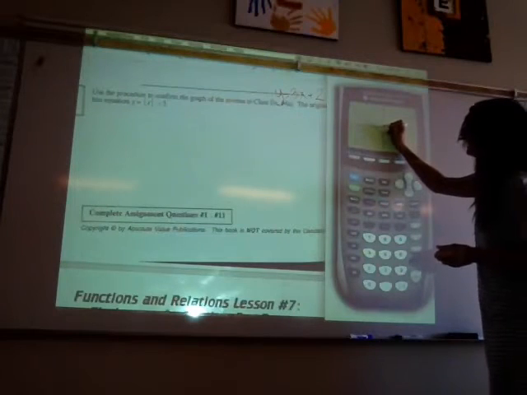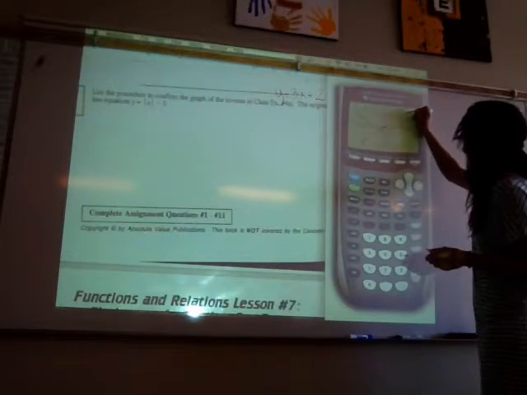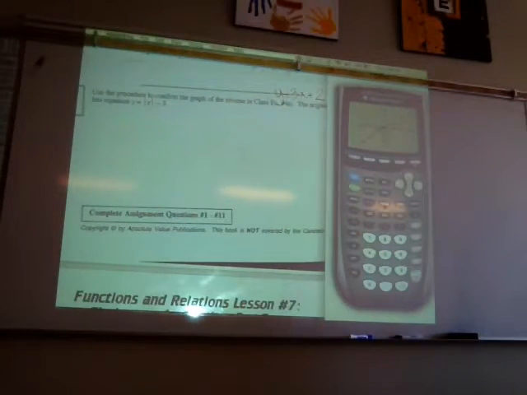So imagine there's a mirror line there. Sometimes it's tricky to figure out what the inverse would be by just looking at it. So let's let our calculator do the work. I'm going to quit out of here and go second program. Number 8 for draw inverse.